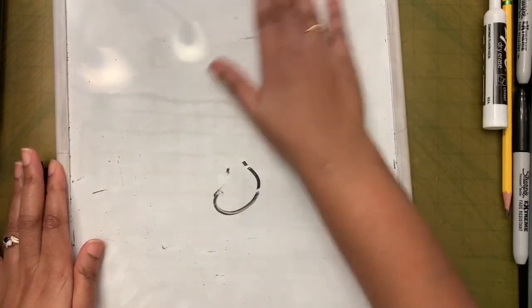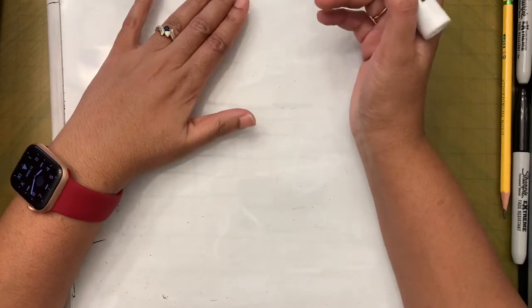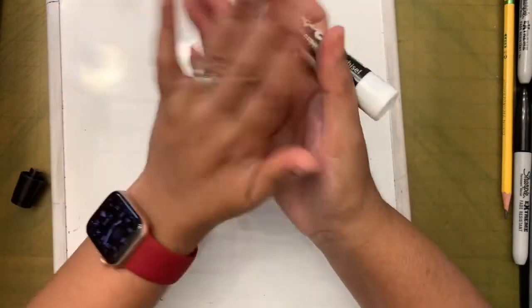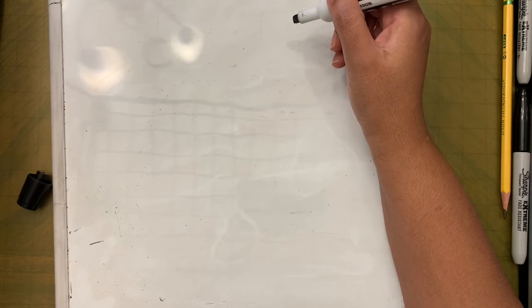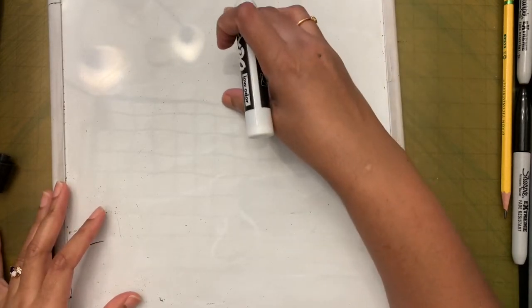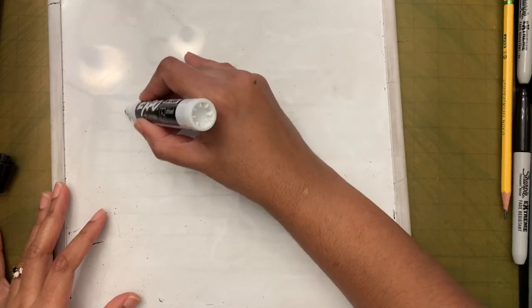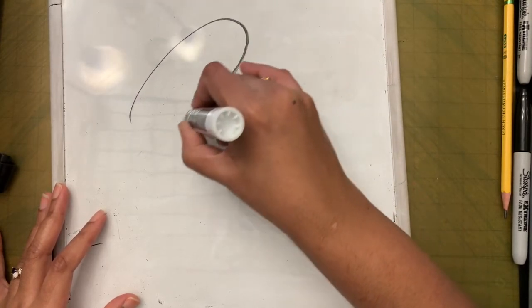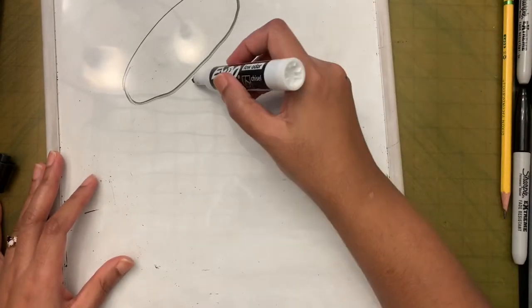So I'm going to leave some space on top, maybe here, and then I'm going to start drawing the head. So we are going to create the head. It can be straight, it can look like it is tilted, so maybe I'm going to make a tilted head, okay. Now I'm going to make the body.